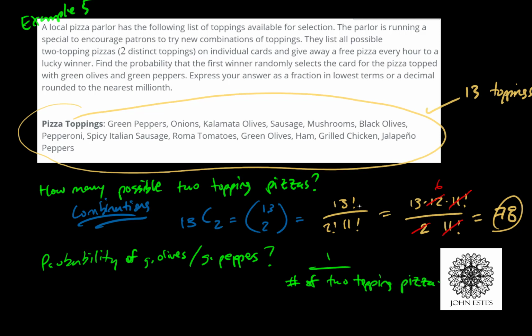We just calculated that. That's going to be 1 out of 78. Okay, so there's your solution. And they asked to express your answer as a fraction in lowest terms or a decimal rounded to the nearest millionth. Let's keep it like that. 1 out of 78 is beautiful. Okay, so that's your probability of getting the green olive, green pepper pizza.